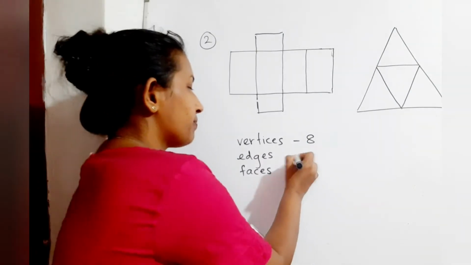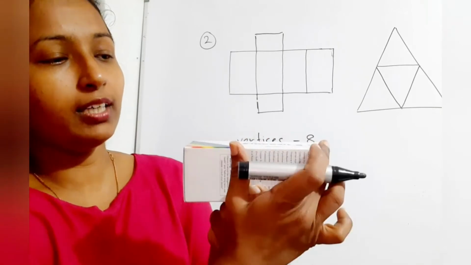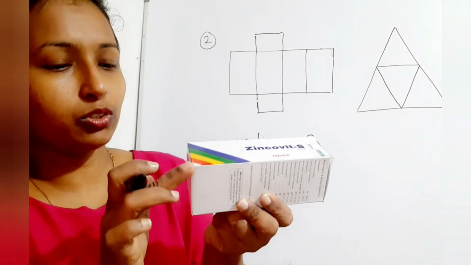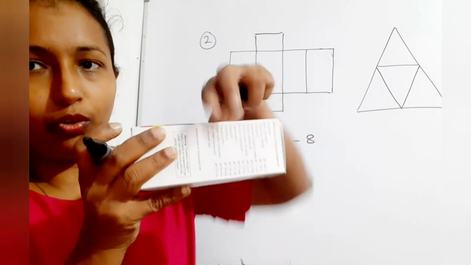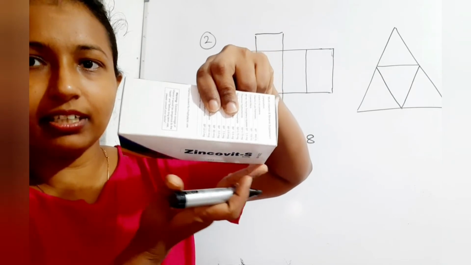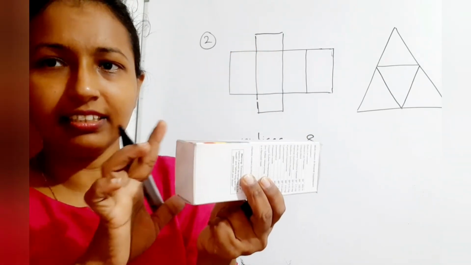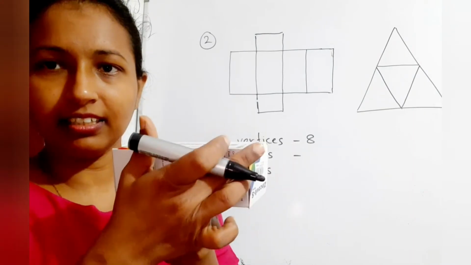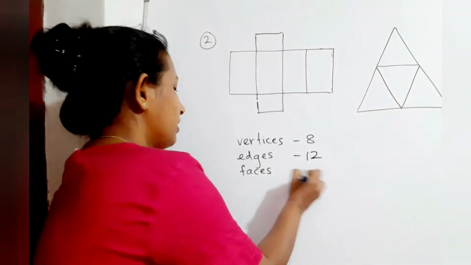Then edges. How many edges? 1, 2, 3, 4, then 5, 6, 7, 8, 9, 10, 11, 12. Edges 12.